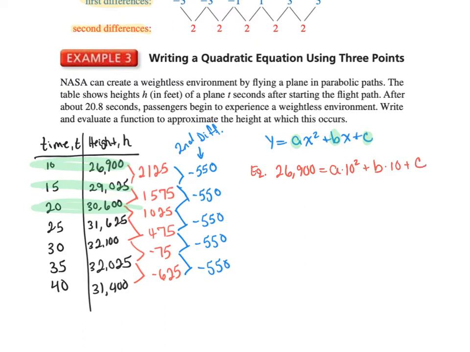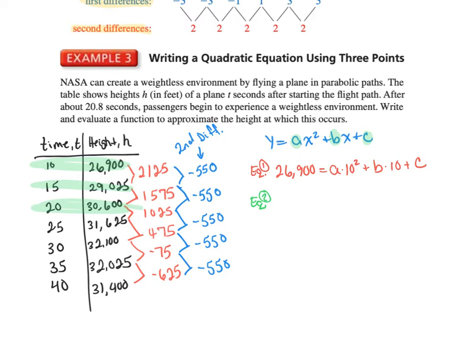So let's write another equation. We'll call the first one equation 1, and this one equation 2, because labeling is always good when we do systems of equations, right?